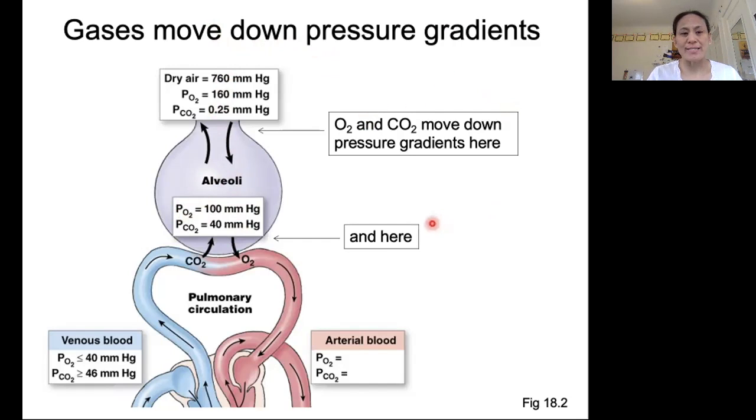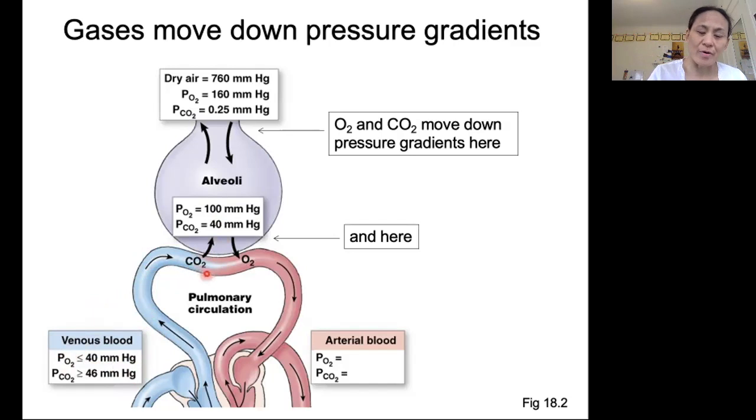Similarly, if we look down here, and we look at PO2 and PCO2 and the pressure gradients, those are governing the movement of gases here at the interface between our alveoli and our capillaries, okay? So the blood approaching the alveoli has a PO2 of about 40 millimeters of mercury.